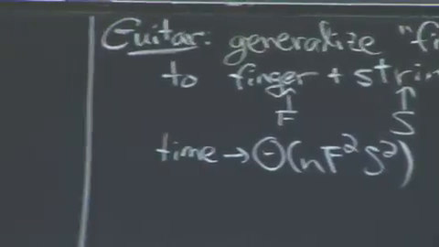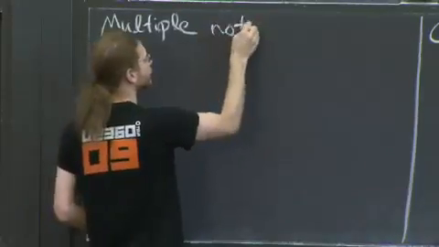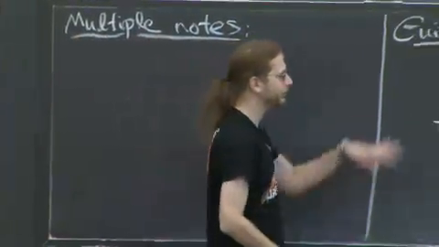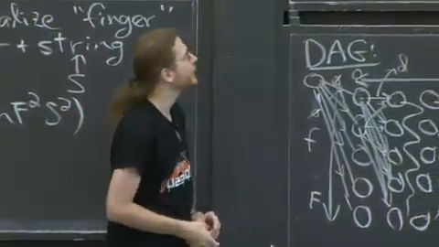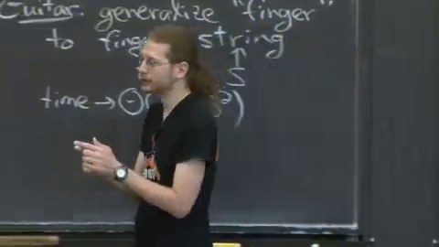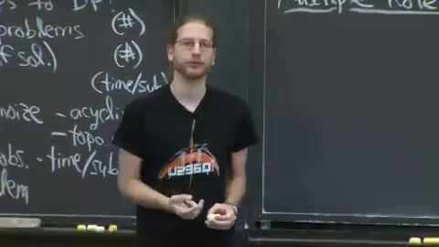But then if I want to do multiple notes, well, you can kind of imagine it's a similar type of deal. It's going to get harder, though. The first thing we need to generalize is the input. Before, the input was a sequence of notes. Now, it's going to be a sequence of multi-notes.